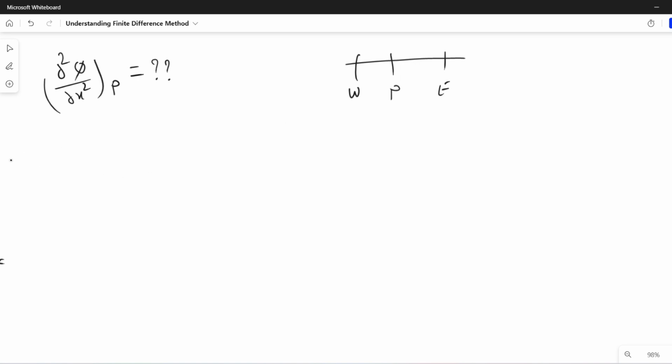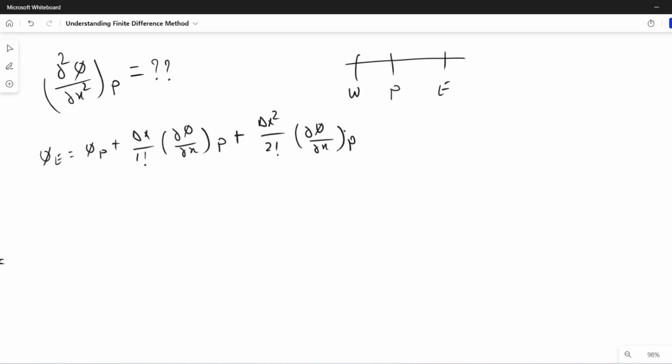Now I have written my equation, that is φE is equal to φP plus Δx by 1 factorial multiplied by ∂φ/∂x at point P plus Δx² divided by 2 factorial ∂²φ/∂x², plus I have higher order terms.